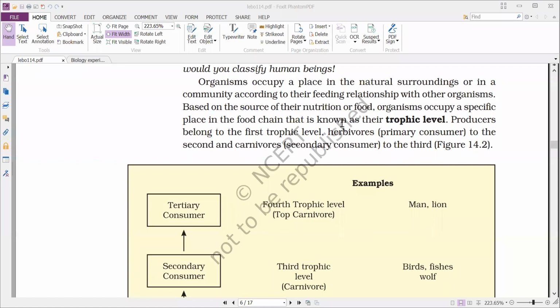All these organisms will fall into only one trophic level, that is the herbivores, or we can also call them primary consumers. Producers belong to the first trophic level, whereas herbivores, the primary consumers, belong to the second, and the carnivores, that is the secondary consumers, will fall into the third trophic level.